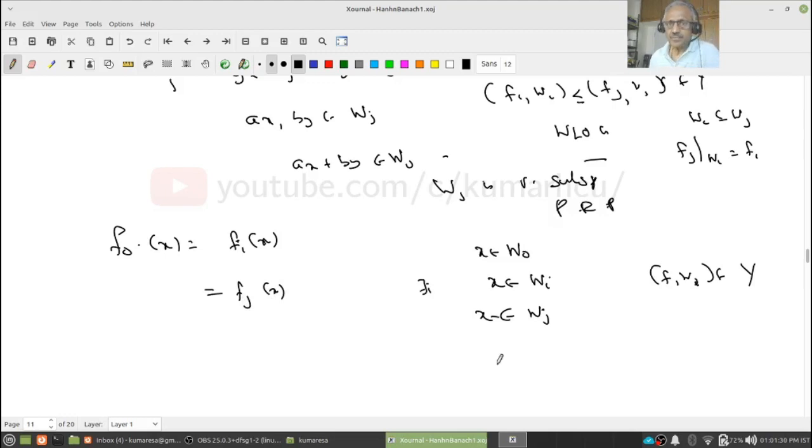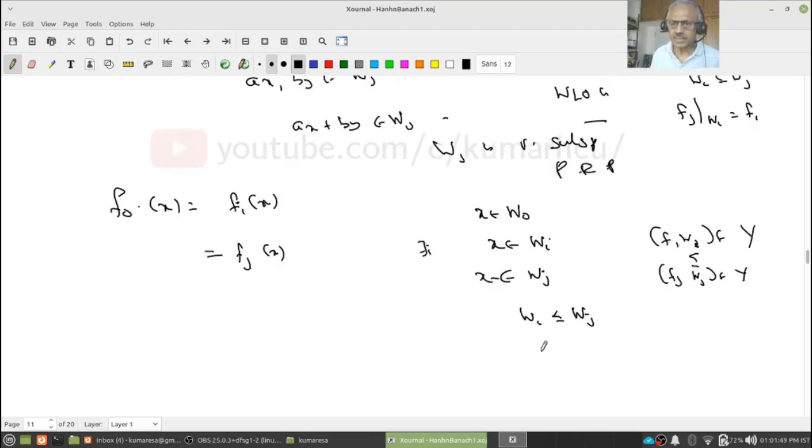Again we use totally ordered. So (Fi, Wi) and (Fj, Wj) both belong to Y, therefore one of them must be less than or equal to the other. So let us assume, without loss of generality, this one is less than or equal to that one. That means my x belongs to Wj and also belongs to Wi.